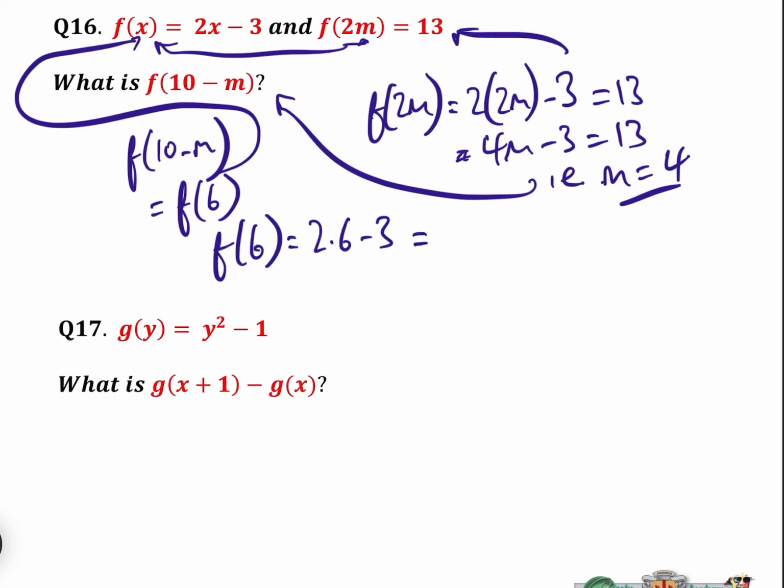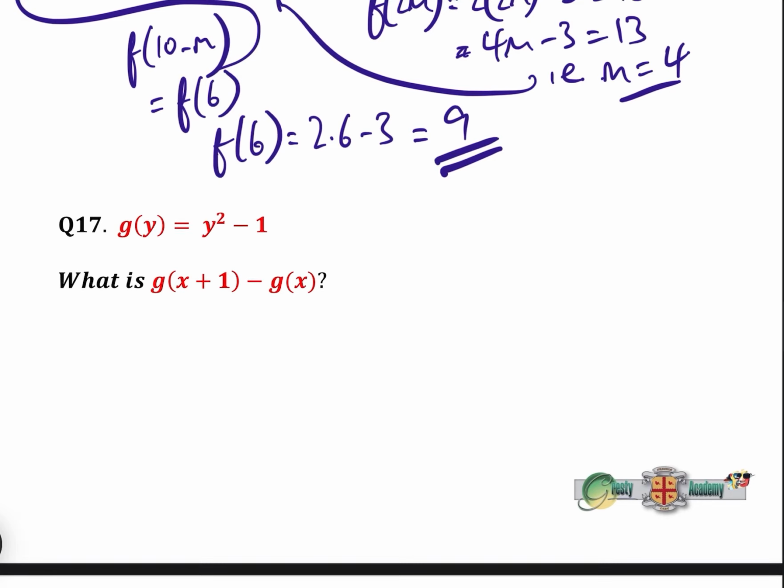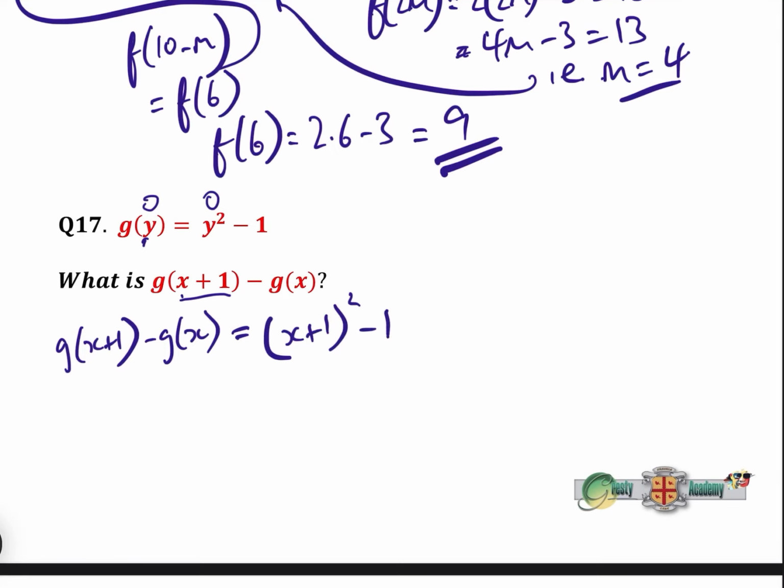Question 17, g of y is y squared minus 1. What is g of x plus 1 minus g of x? Again, don't get confused by the fact this is y and this is x. Just imagine that this is a smiley face and this is a smiley face, and we're going to plonk x plus 1 in. So g of x plus 1 minus g of x is x plus 1 squared minus 1.